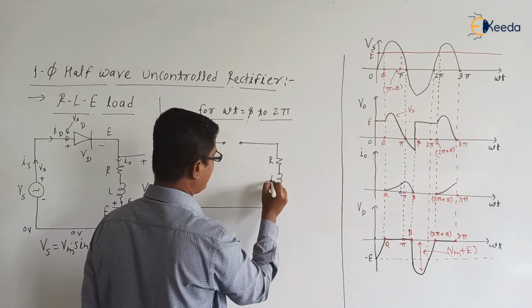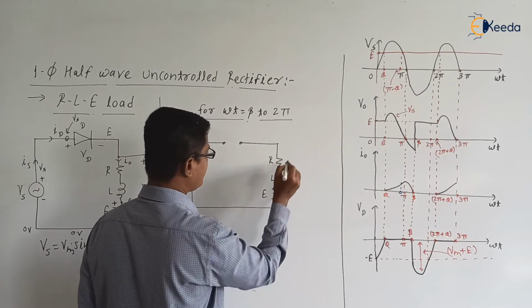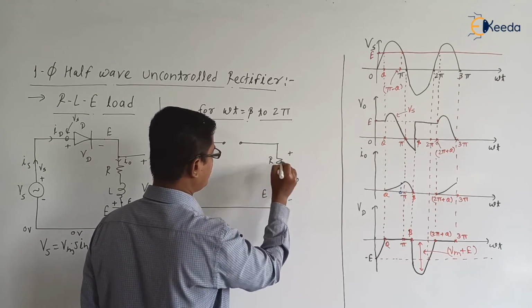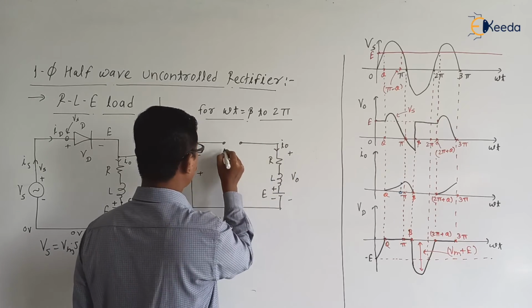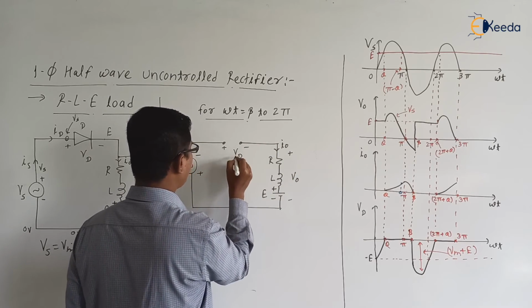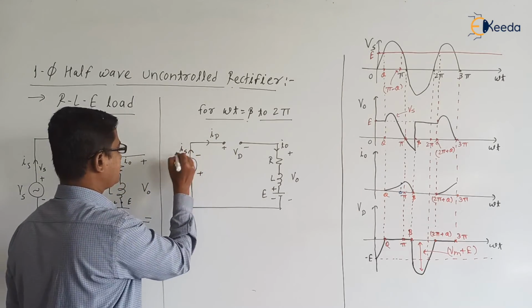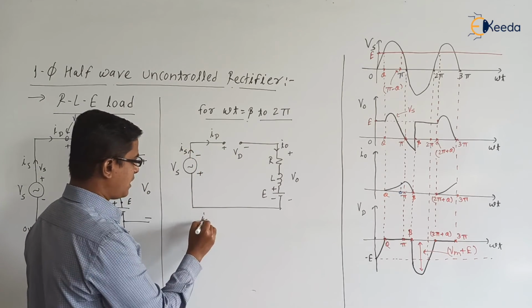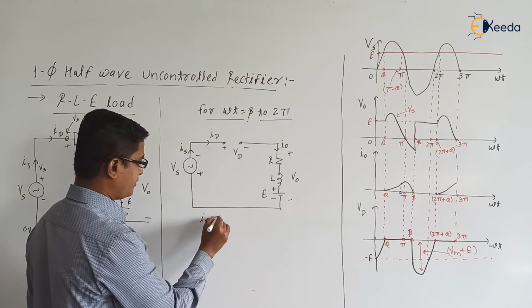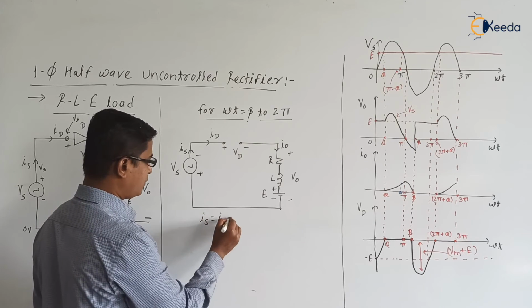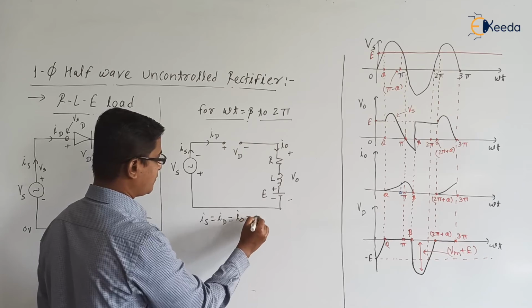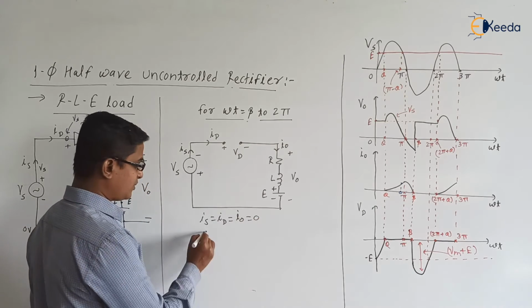So this is R L E, this is V0, this is I0, here it is Vd, and here it is Id, this one is Is. So can we write first Is is equal to Id is equal to I0 is equal to 0, right. Next, what is V0?